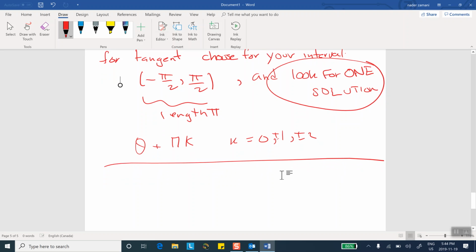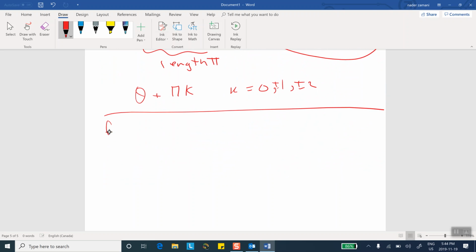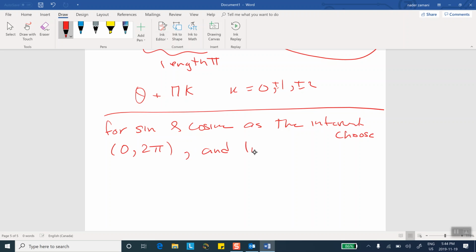For sine and cosine, as the interval, usually it's best to choose 0 to 2 pi. Choose 0 to 2 pi, and look for two solutions.